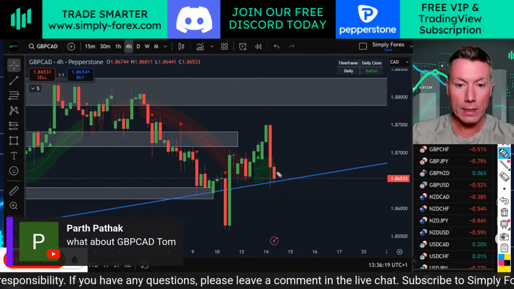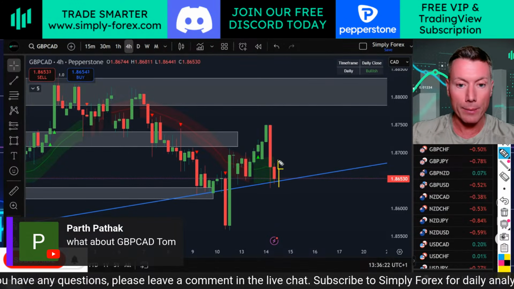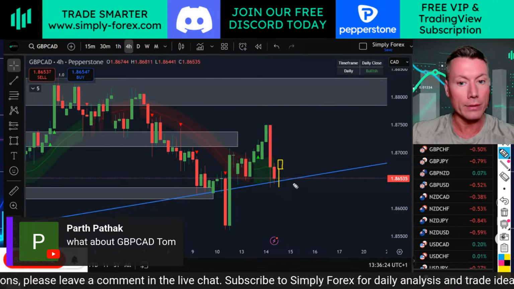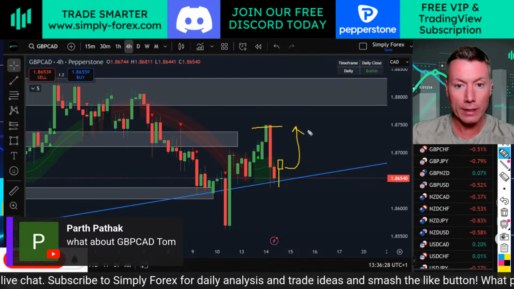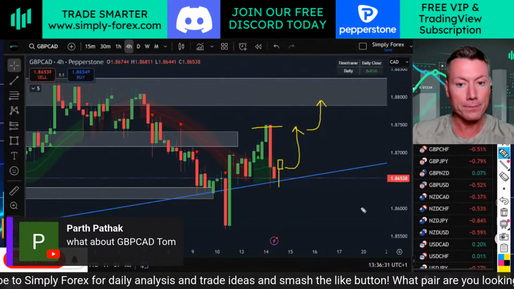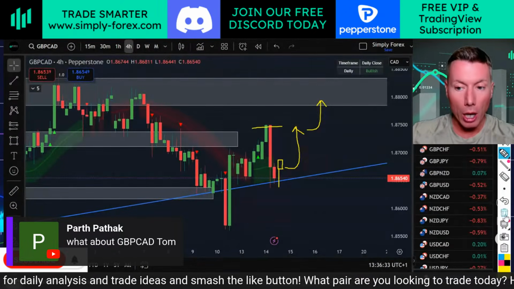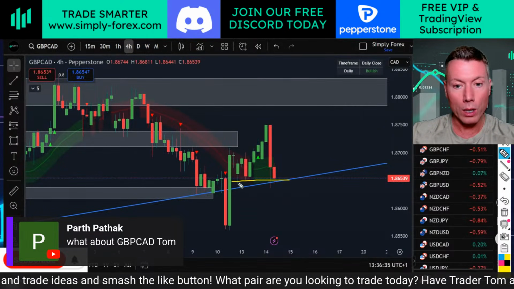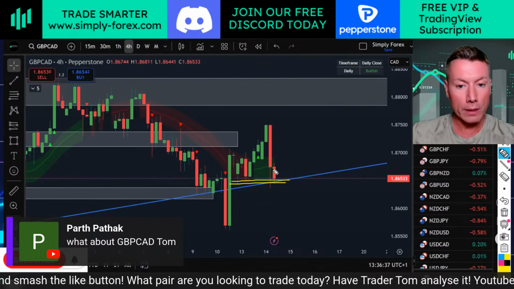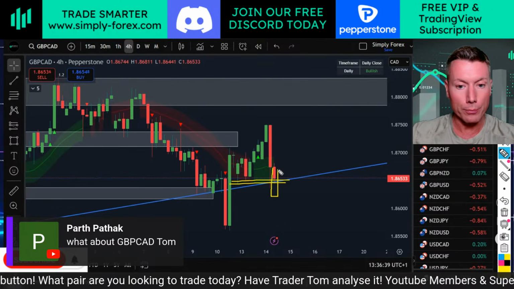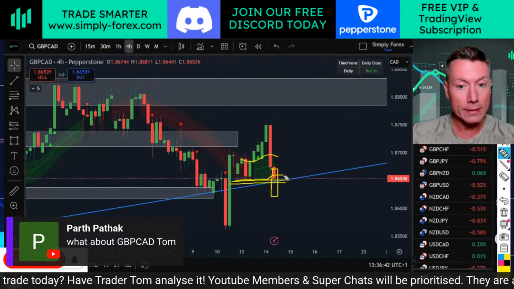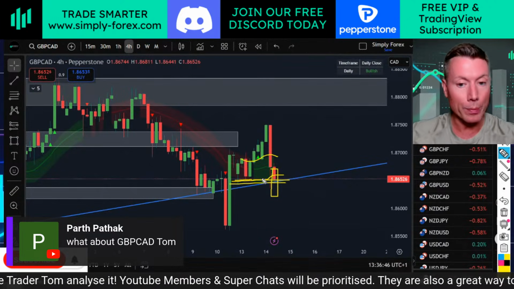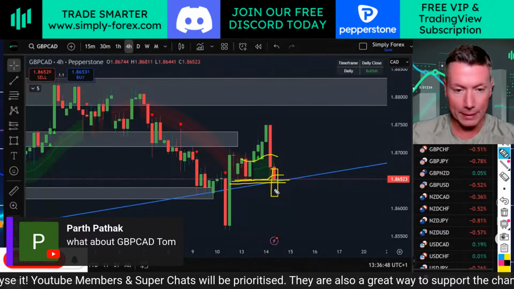But if we get a nice big bullish candle come out of this level, something like this, then absolutely we can take price back up to these highs, if not further. But that is only if this level holds. If we start seeing a big H4 candle that breaks that low, the indicator will turn red and H4 will be in a downtrend, and I would not be interested in buying that.